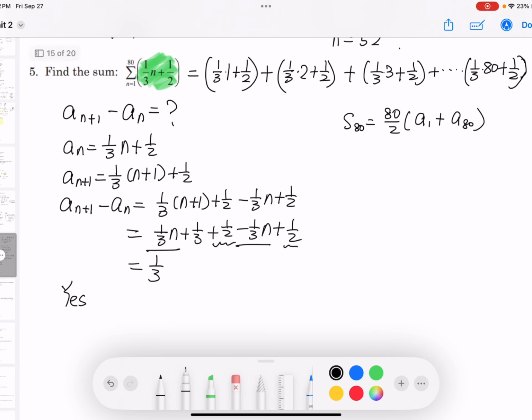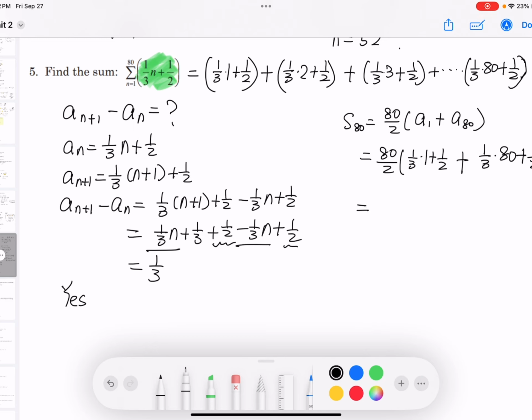So my a sub 1 is equal to 1/3 times 1 plus 1/2, and my a sub 80 is equal to 1/3 times 80 plus 1/2.